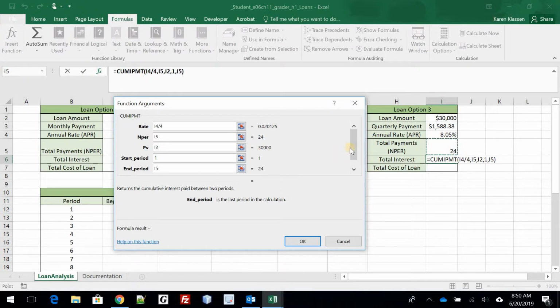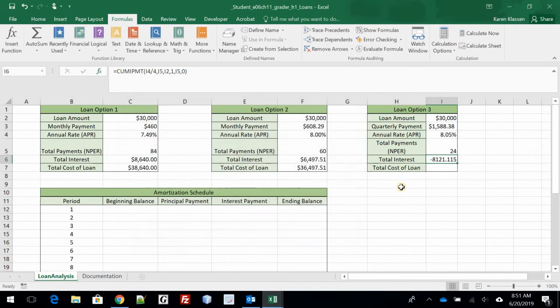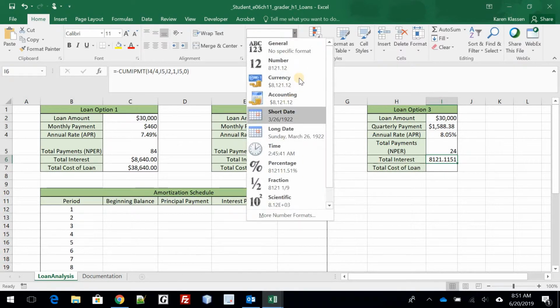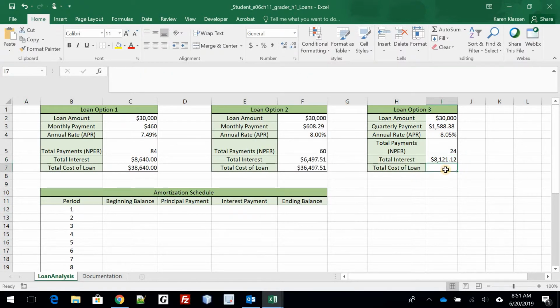Ending period is 2 years later. And my timing is 0. And then we're going to reverse the sign. And I'm pretty sure, yeah, currency. And then the cost of the loan is that.